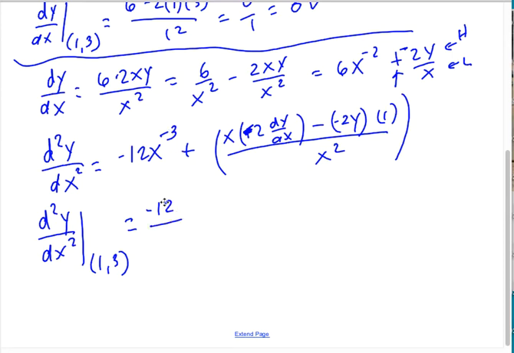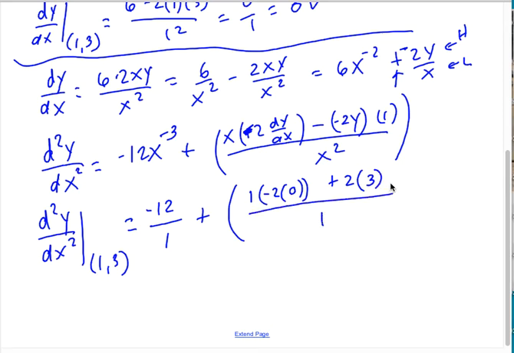So this is an x cubed on the bottom, so that's just a 1. Plus, when I plug into this, I'm going to get minus, so this is a negative 2 times a 0, because we've already established that dy/dx at (1, 3) is 0. This will be a plus 2 times y, all over 1 squared. So I end up getting that this is a negative 12 plus what seems to be a 6.